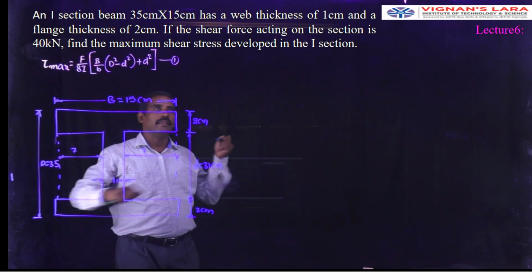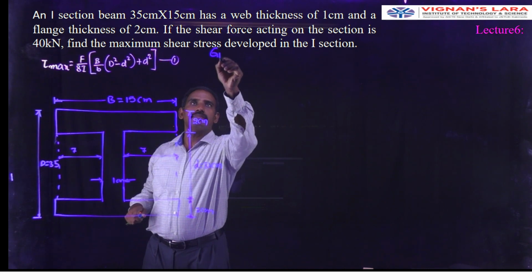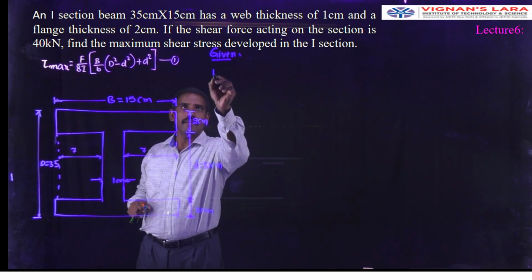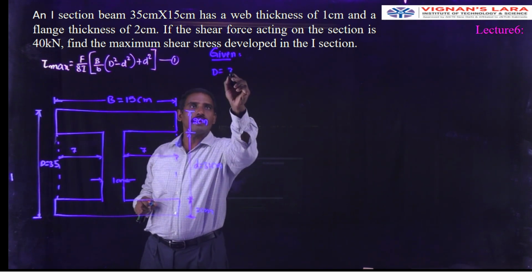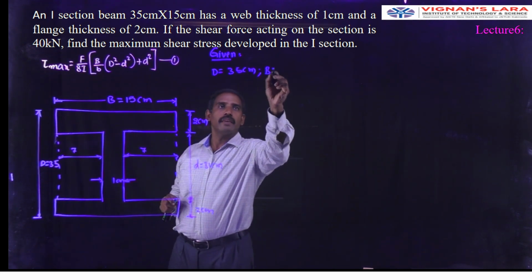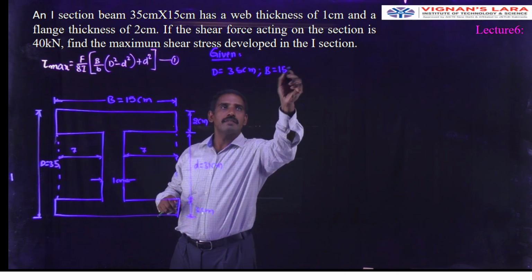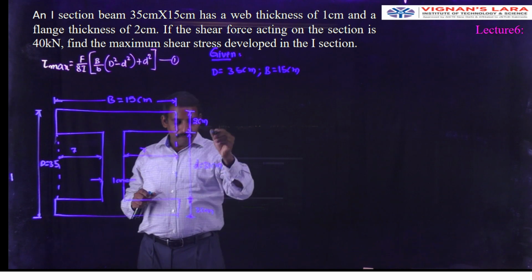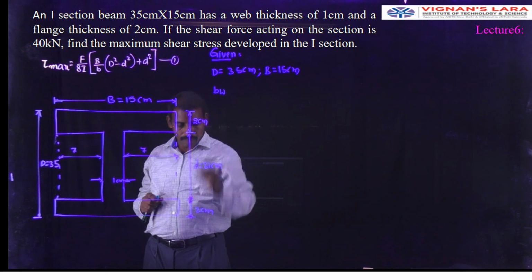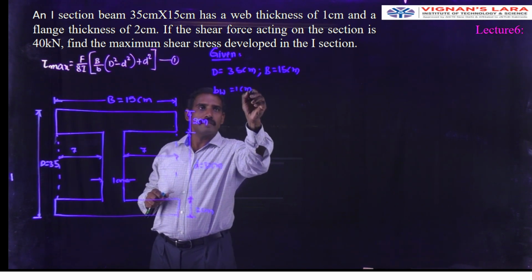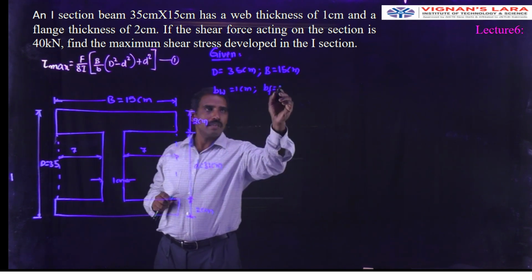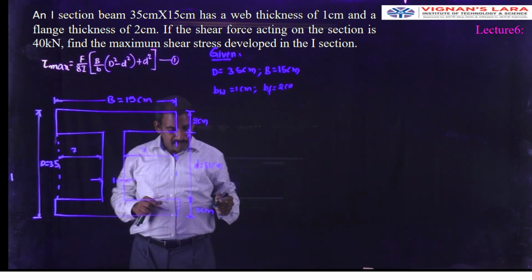From the geometry, the given data is: the overall depth D is equal to 35 centimeters, the overall width B is equal to 15 centimeters, the thickness of the web is 1 centimeter, and the thickness of the flange is 2 centimeters.